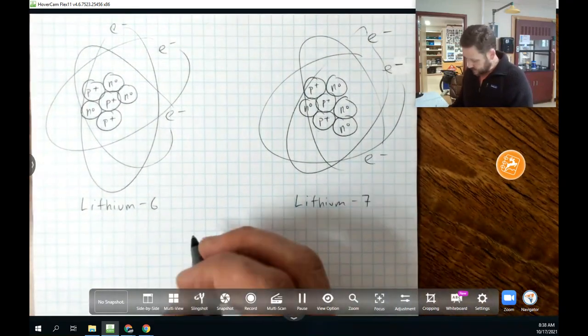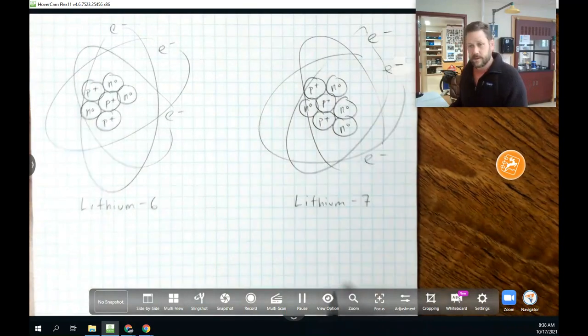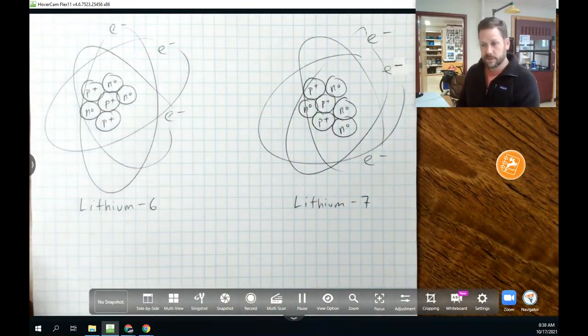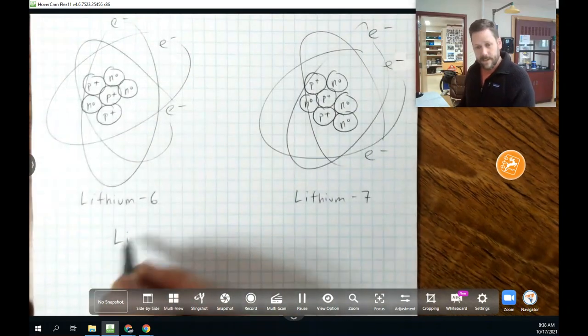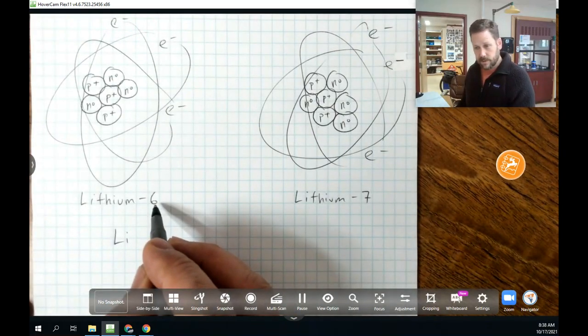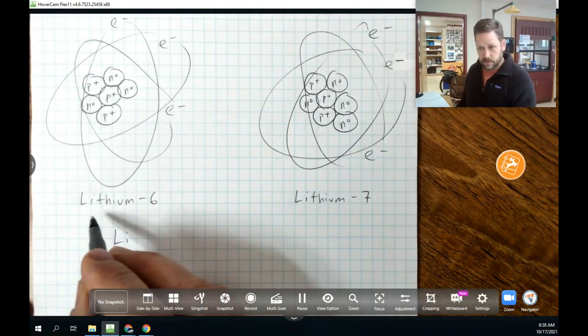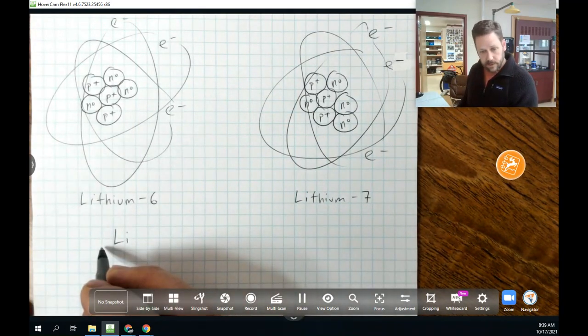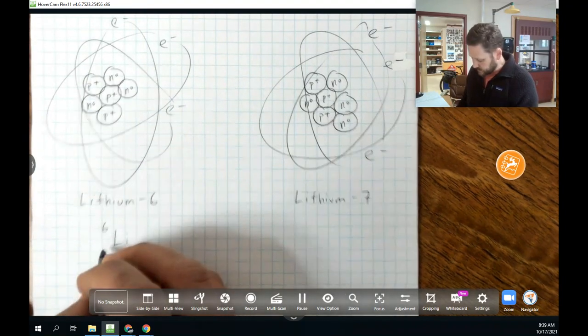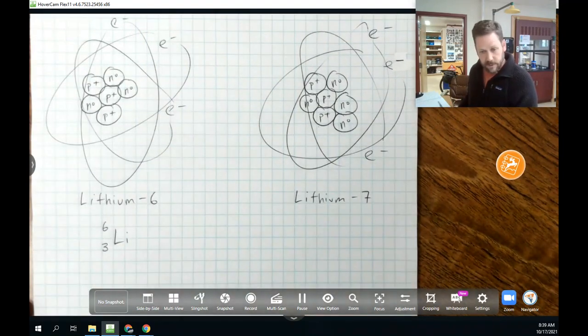Other ways that chemists describe the difference between these 2 isotopes is writing what we call a nuclear symbol. The symbol is going to have the mass number, the number of protons and neutrons added together, written as a superscript to the left of the element, and the atomic number to the bottom right as a subscript. So this would have a mass number of 6 and an atomic number of 3.